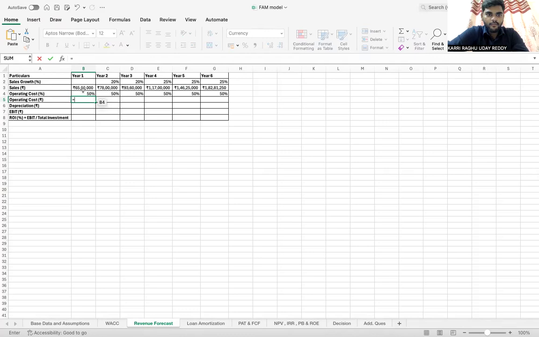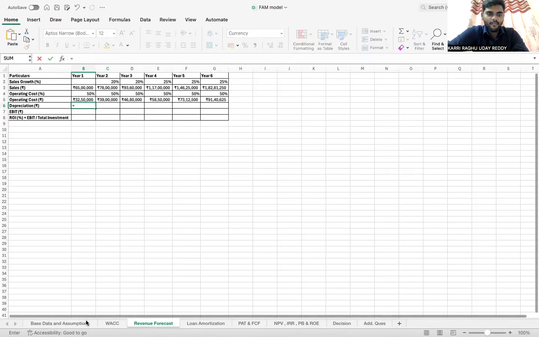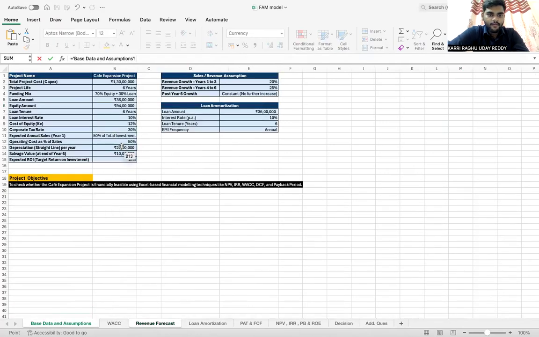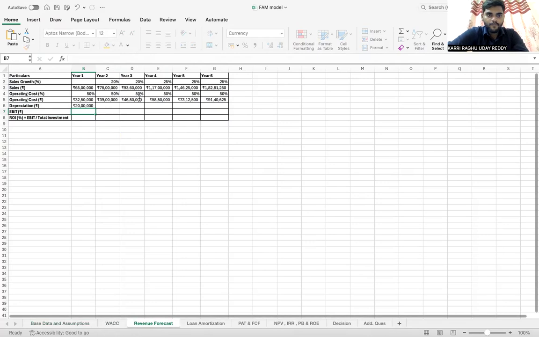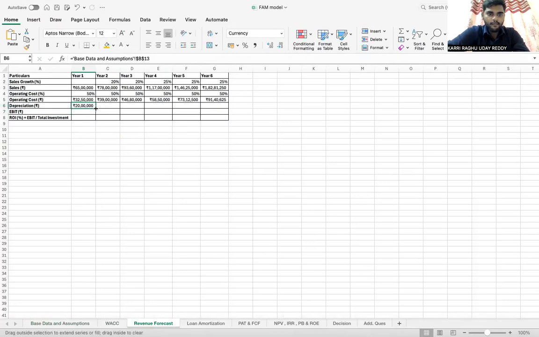And operating cost will be sales into operating cost percentage. So it comes to 32 lakh 50,000, and dragging for the rest of the years. Depreciation is directly given as straight line method 20 lakhs for every year. So let me fix this cell as well. So 20 lakhs, and same for the rest of the years.